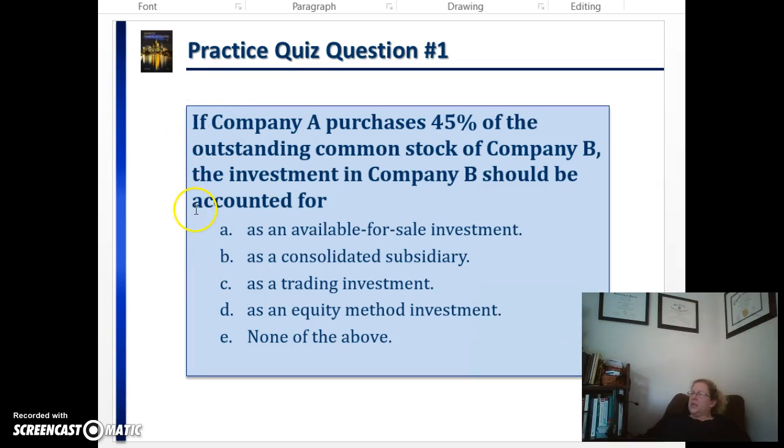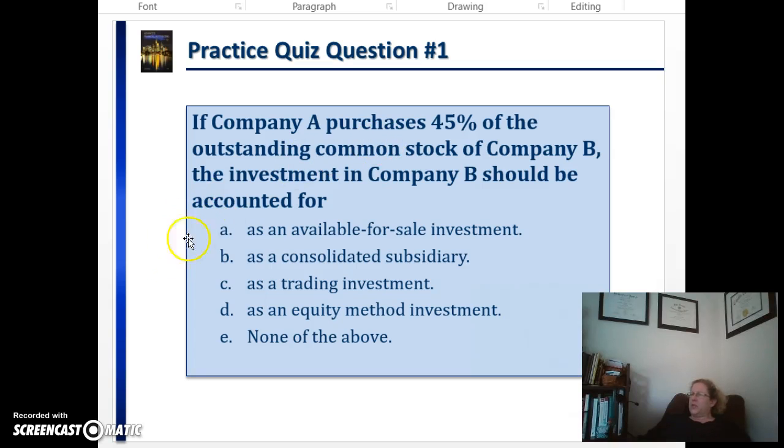The question doesn't really say why they're purchasing this stock, but typically with available for sale, they're not going to buy quite so much. It doesn't say why they have it, just that they purchased it. So we don't really know if they are trying to exhibit influence or control, or if they have an idea to sell it.